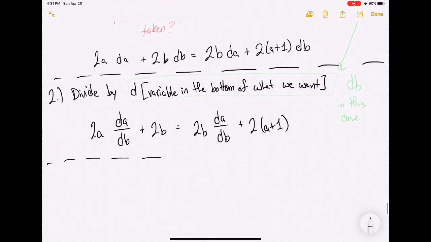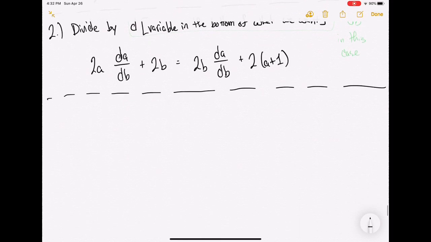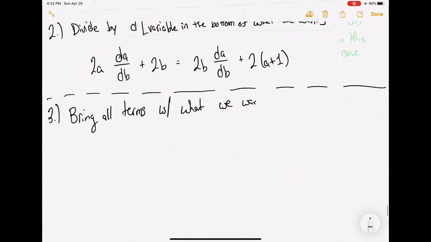So step 1 is by far the hardest step here. Step 3, bring all terms with what we want to one side, and everything else to the other side.